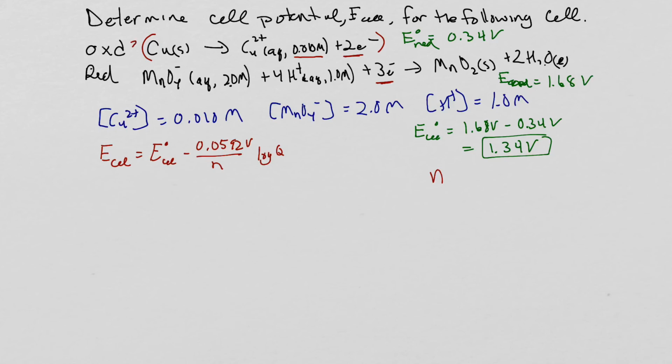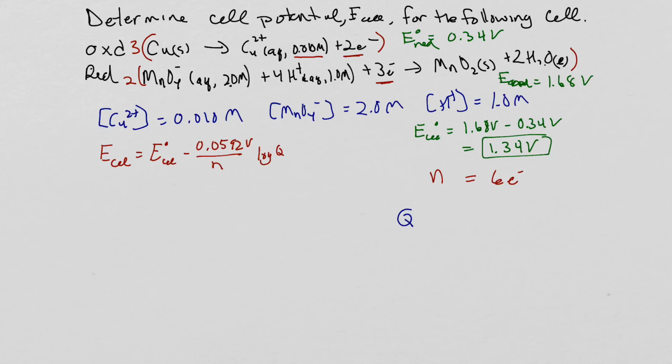So we can multiply this by 3, this one by 2, and that will give me 6 electrons being lost, 6 electrons being gained. So we got an N of 6. So now we have to calculate Q.